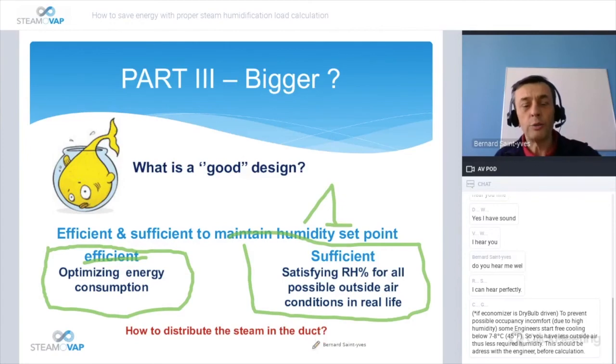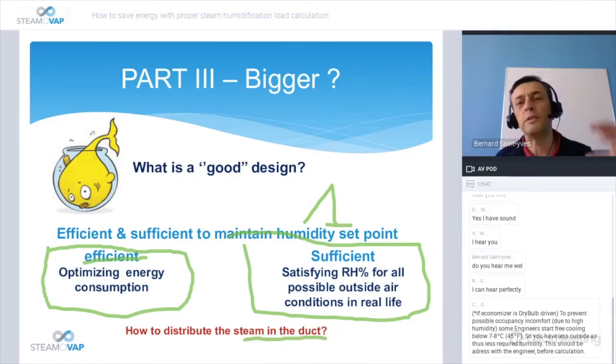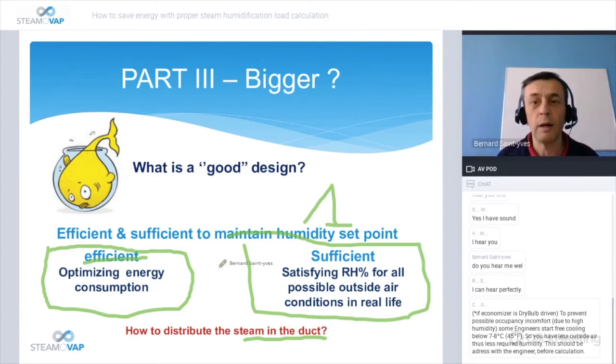And then how you will distribute this steam in the duct, that's another question that you should always ask. How will I put this steam into the duct? And maybe for the lab it would be to make the duct a little bit bigger for this amount of air volume going in. Okay, when you are above 1,000 feet per minute in the duct, it's not the best condition to put the steam.